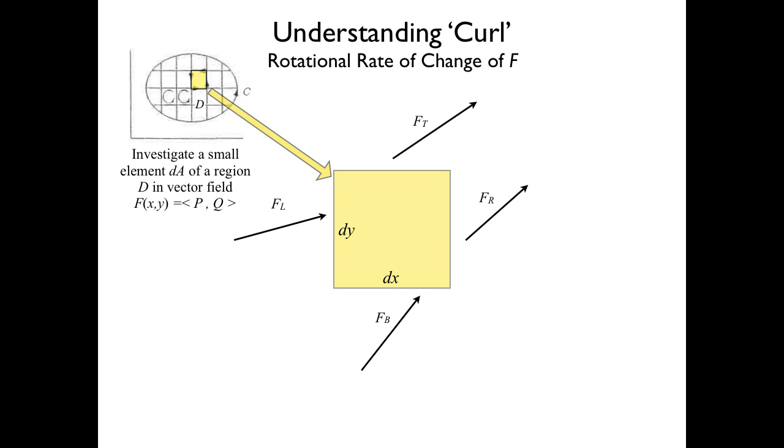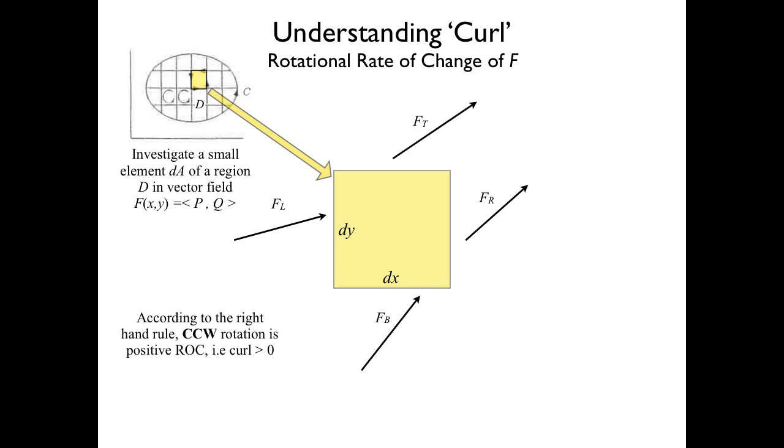If we're talking about rotational rate of change, we want to define what's going to be positive. What would make sense? What's consistent with what we've done before? We're talking about rotational. What would be positive? Counterclockwise, right? According to the right-hand rule.